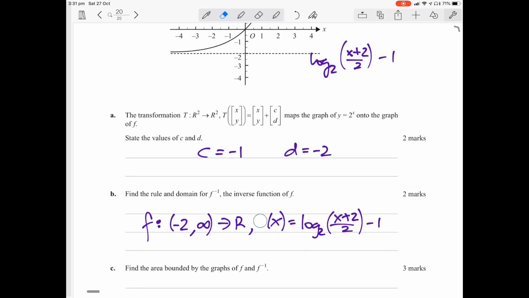I put f of x, I meant f inverse of x. And then that should be an inverse as well.